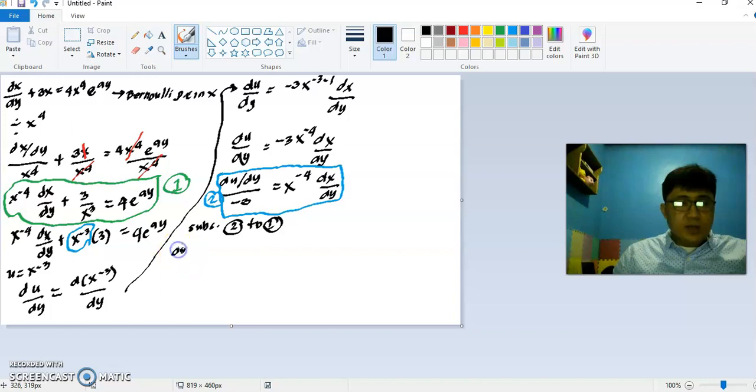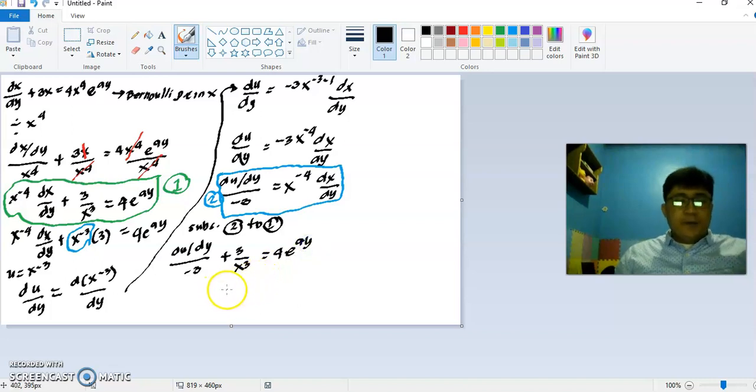So you have du over dy over negative 3 plus, copy this one, 3 over x cubed equals 4e^(9y). Okay? So from there, we need to make this one only du over dy. So we divide both sides by negative 3.